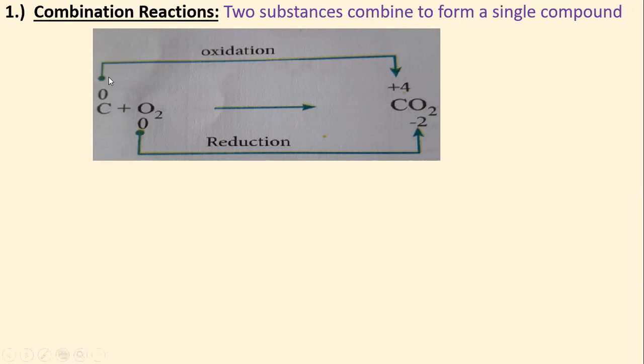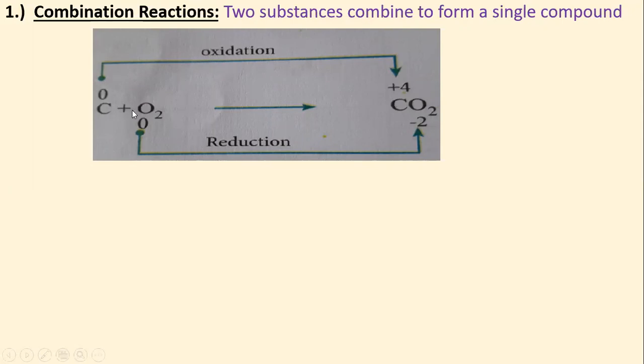So don't be afraid of seeing these arrows, it's very simple. Here from 0 to +4, carbon in the reactant side and carbon in the product side, does its oxidation number increase or decrease? It increases. From 0 to 4 it has increased, so it is said to be oxidation.